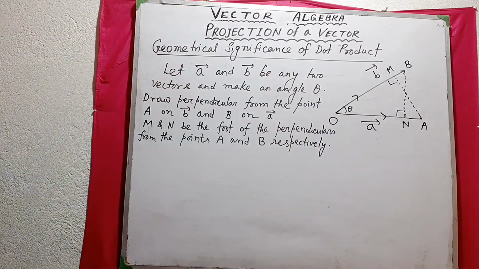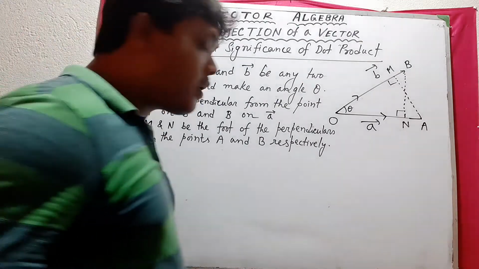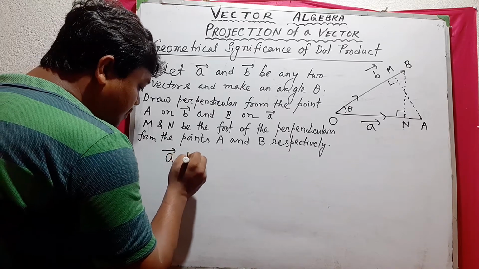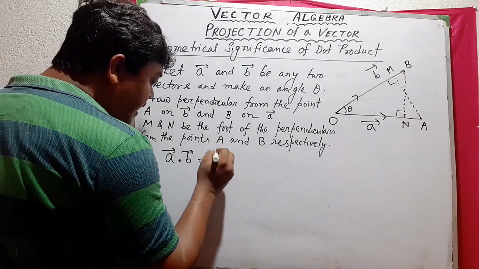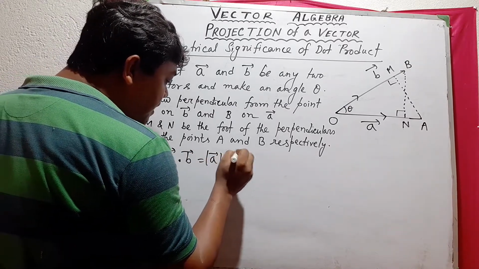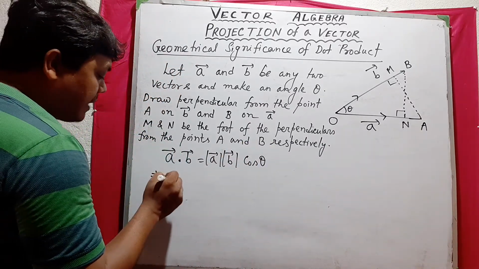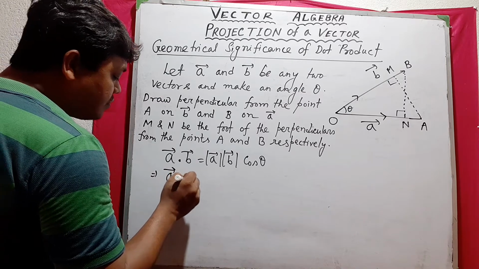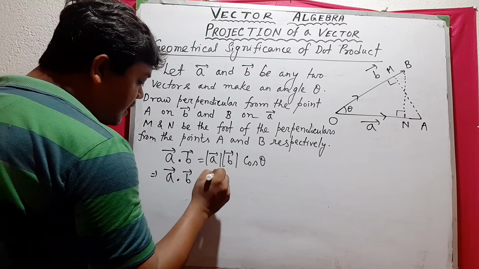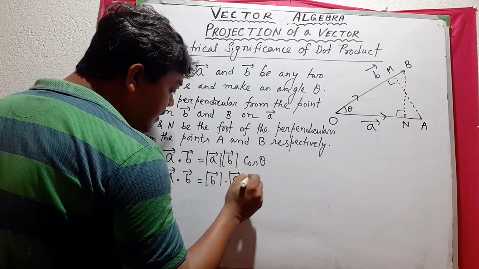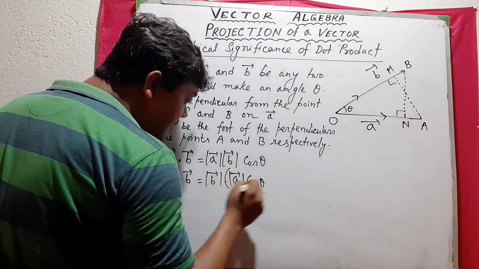Okay, so from the definition of dot product, what do we know? A dot B, that is the definition of the dot product, is mod of A into mod of B into cosine theta. So A dot B equals mod B into mod A cosine theta. What does it mean?